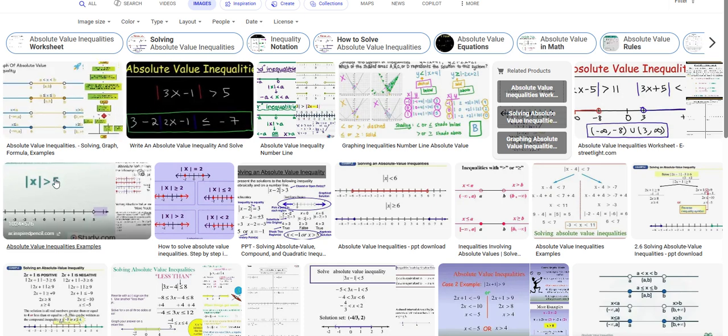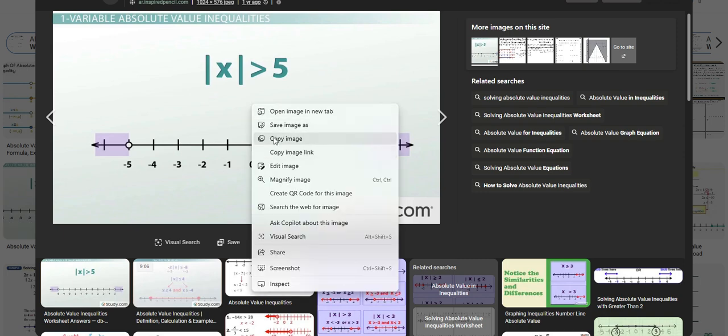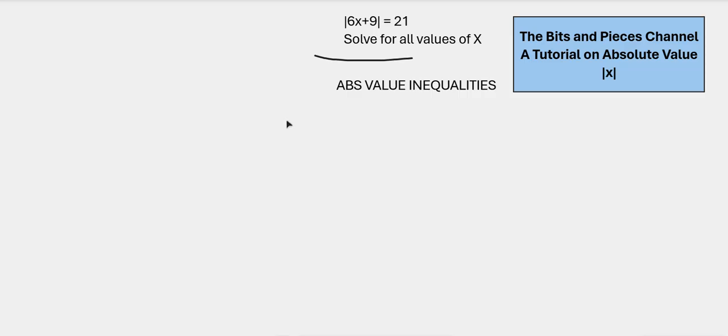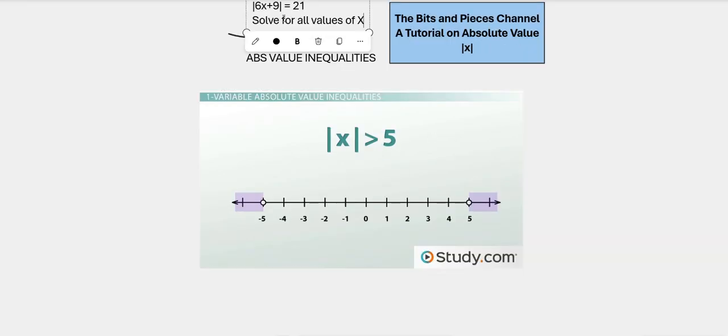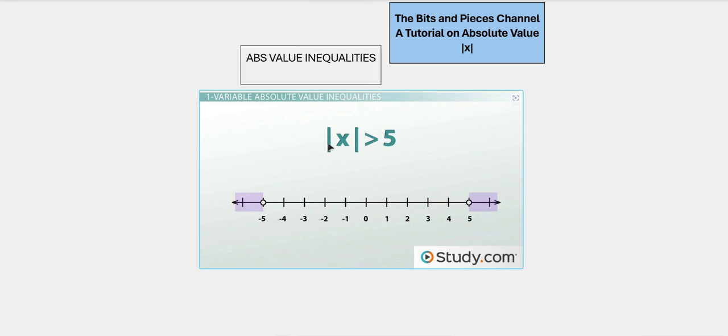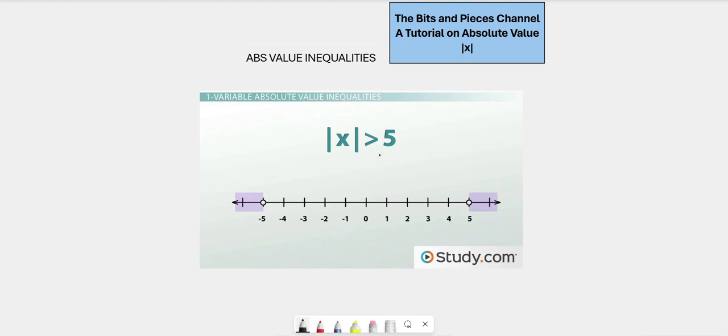So when you get an absolute value inequality like this, you need to know the basics, right? So what are the basics? What do we know about absolute value? We know that the absolute value of x could equal both 5 and negative 5, right? Because x could be negative 5 and that will still equal 5.